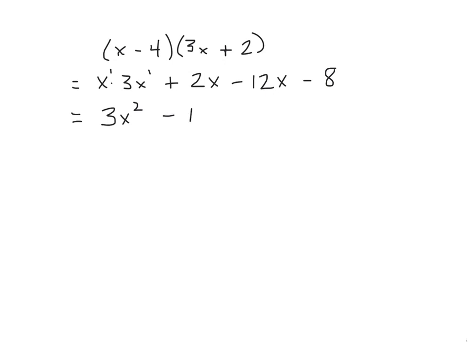So combining those makes negative 10x, because 2 plus negative 12 is negative 10, and then minus 8, nothing to combine with that. So that's all we can do to write the product of these two binomials.